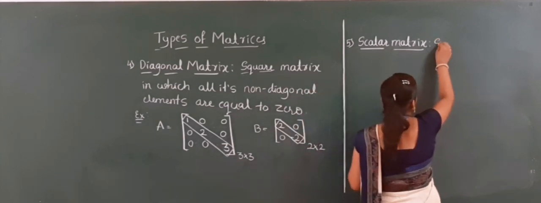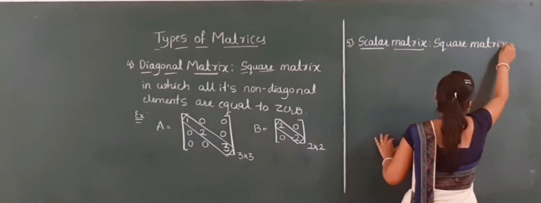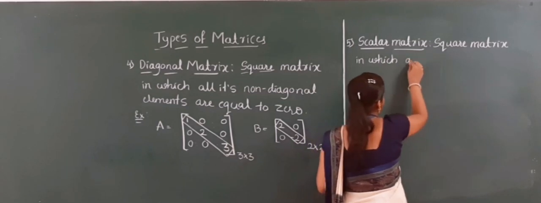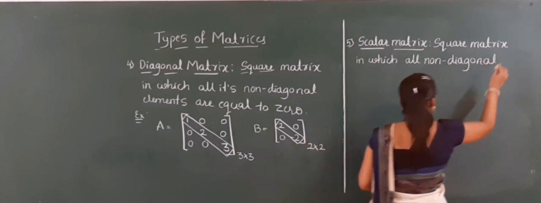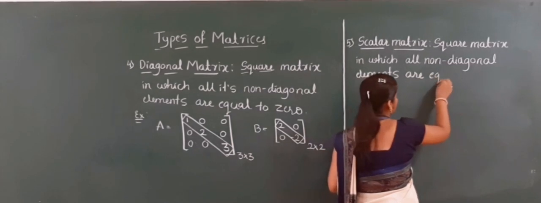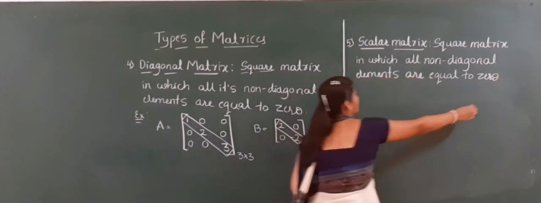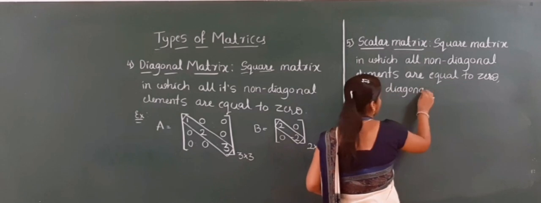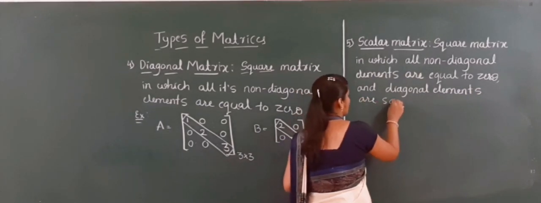A scalar matrix is a square matrix in which all non-diagonal elements are equal to 0 and diagonal elements are the same.